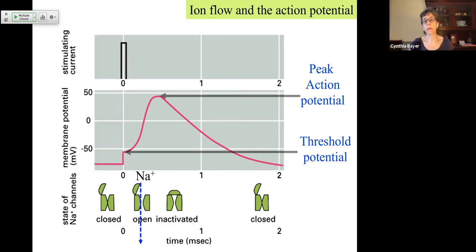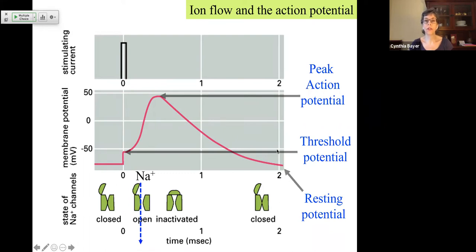And the sodium potassium pump is going to continue to pump sodium ions out of the cell. These are different transporters that will result in the membrane potential falling again, right? Sodium ions can't enter anymore, but positive charges are leaving the cell, bringing the membrane potential back down to the original resting potential of minus 80 millivolts, right?